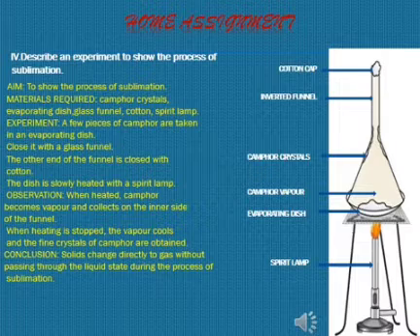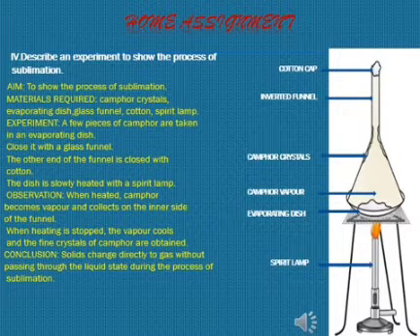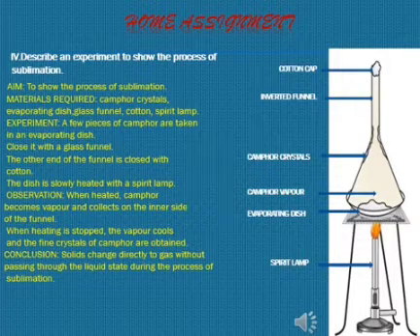Experiment: a few pieces of camphor are taken in an evaporating dish. Close it with a glass funnel. The other end of the funnel is closed with cotton. The dish is slowly heated with a spirit lamp.